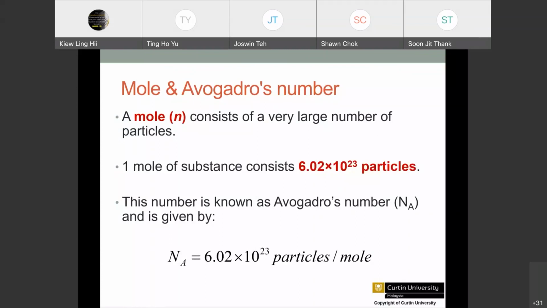But what is 1 mole of atoms, or 1 mole of particles, or 1 mole of molecules? 1 mole consists of 6.02 times 10 to the power of 23 particles. So when we talk about 1 mole of gas, inside this 1 mole, there are this many particles, 6.02 times 10 to the power of 23 particles.